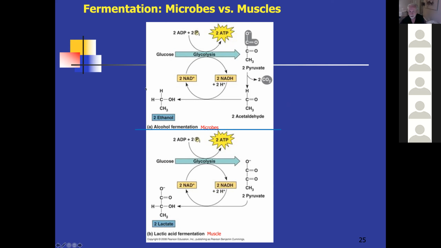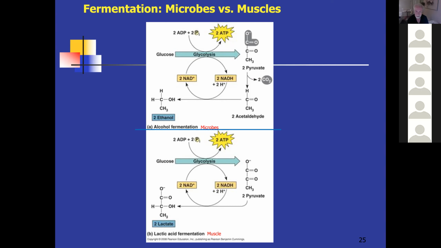Yes, yeast. And why do you add yeast? So the bread rises. Right, why does it rise? Fermentation that makes the yeast. Yeah, it's fermentation. Carbon dioxide, it's a gas.